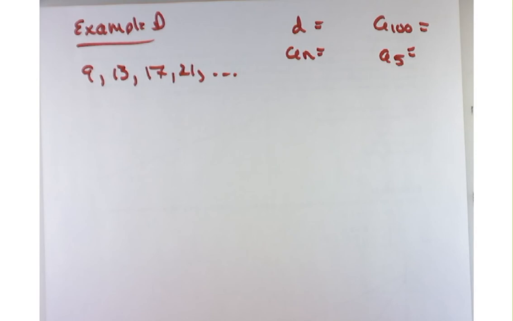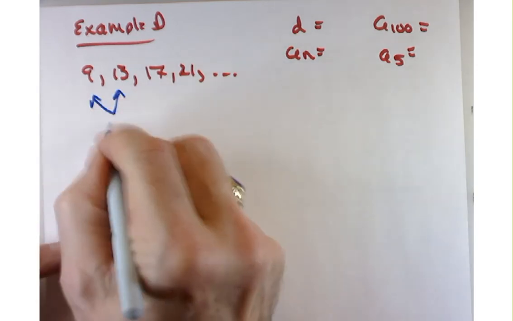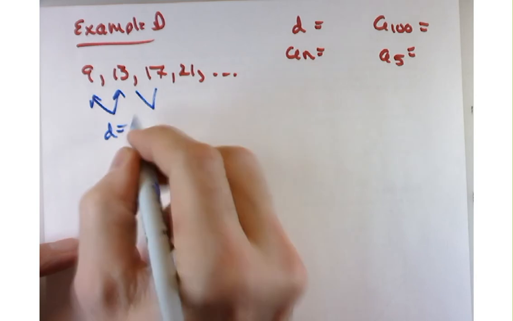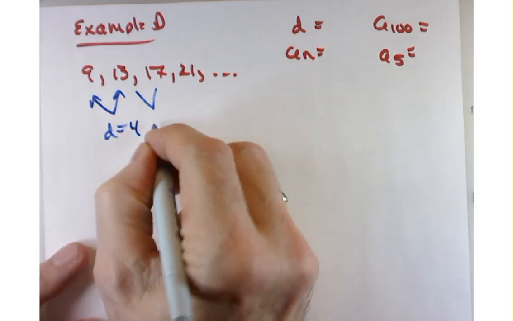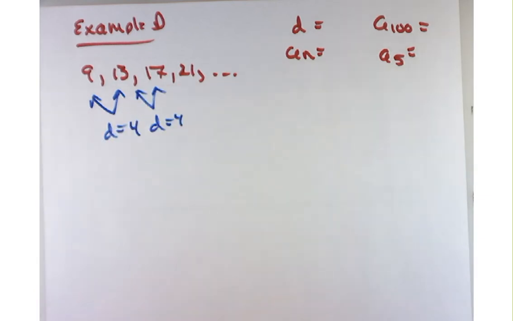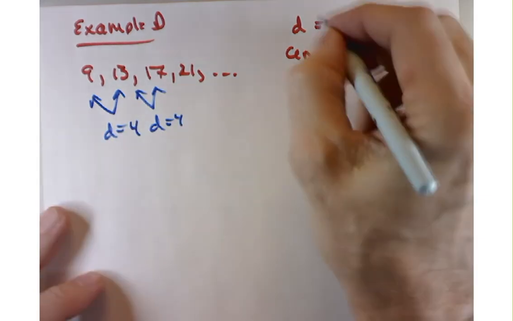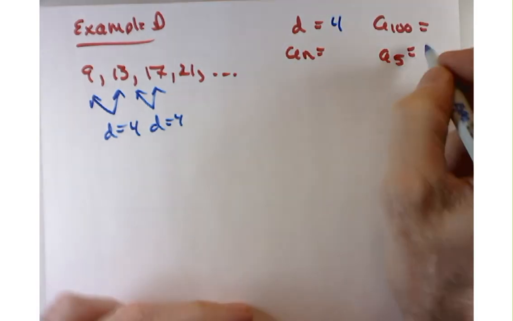Let's start with the common difference. What's d in each of these? 4. And d equals 4 again. So it's going to be a difference of 4. So there's our d. It's 4. A sub 5 is 25.